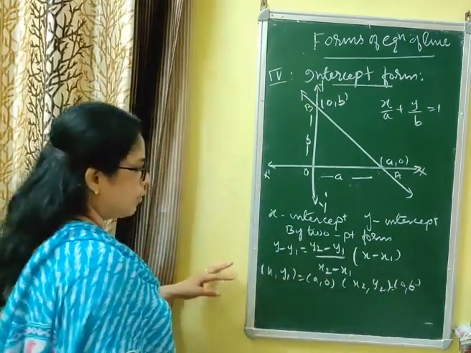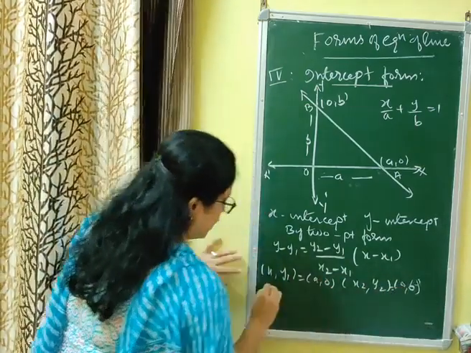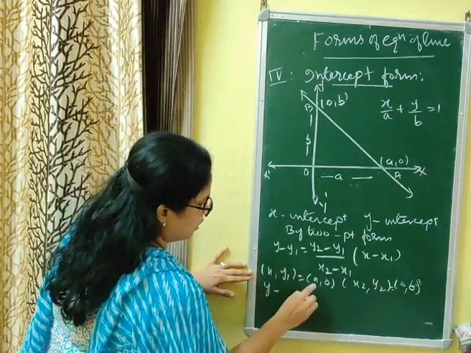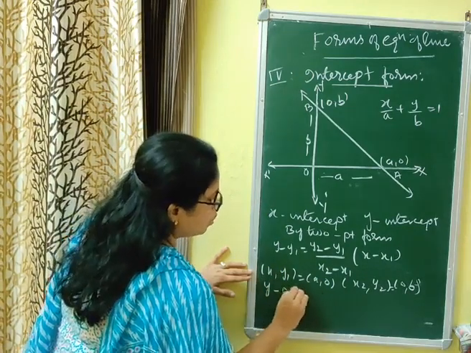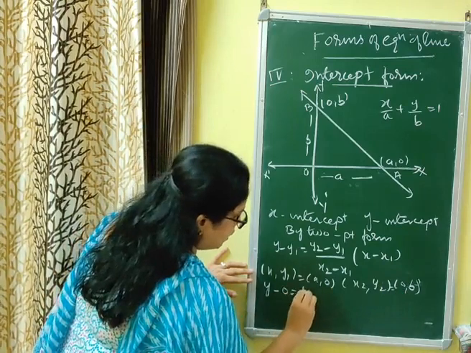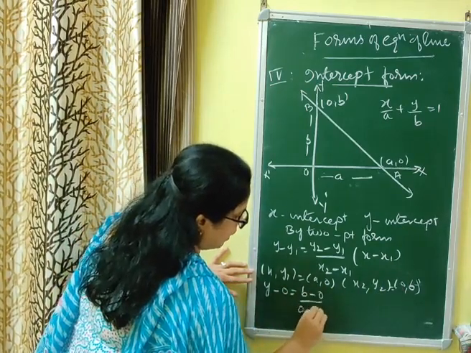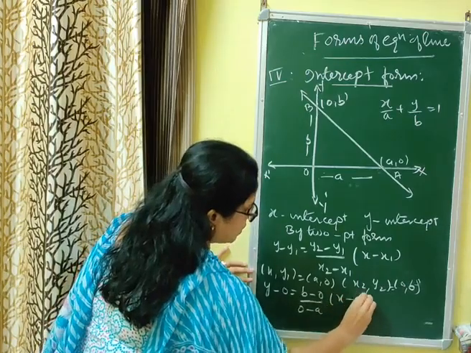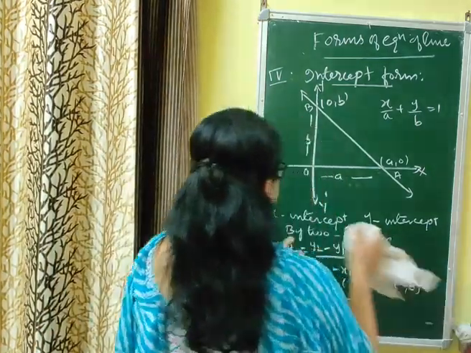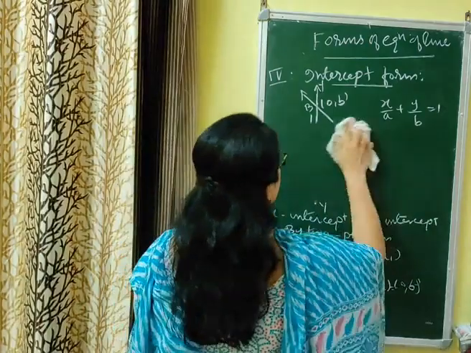Putting in the values, y minus 0 is equal to (b minus 0) upon (0 minus a) into (x minus a). Now by simplification, no need of figure furthermore.